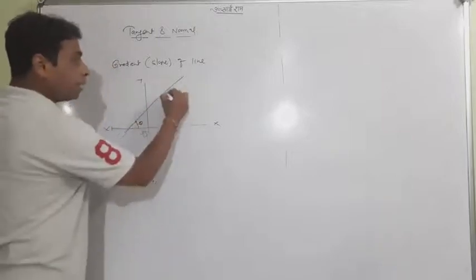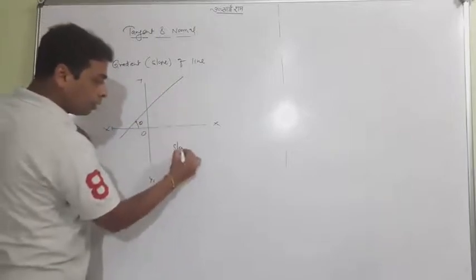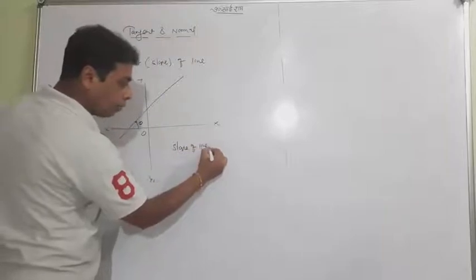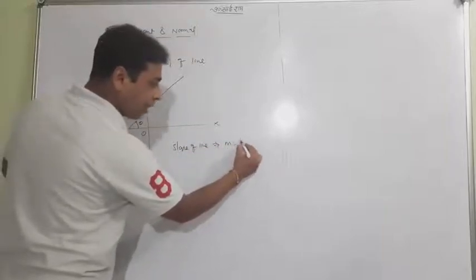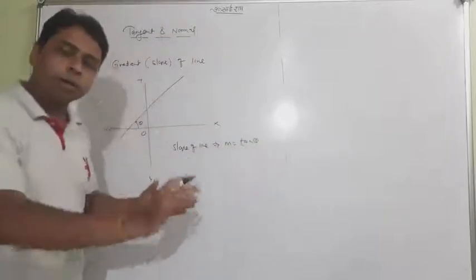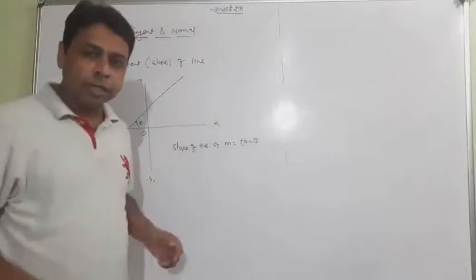This theta gives the slope of the line, and the slope of the line m will be tan theta. That is certain, because we already studied it in class 11th.